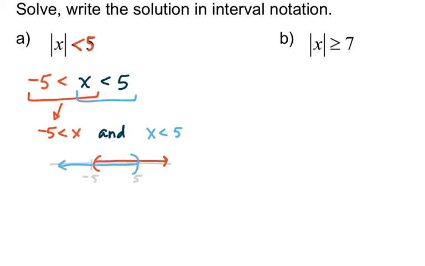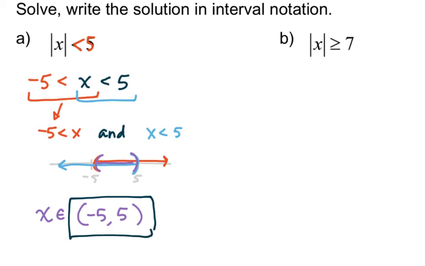So the solution is that overlap. Since x has to be in both statements at the same time and true, we'll say the solution is that x is in the set from negative 5 to positive 5. You really don't need to draw the number line here. I think it's helpful for us to understand why it is the way it is.